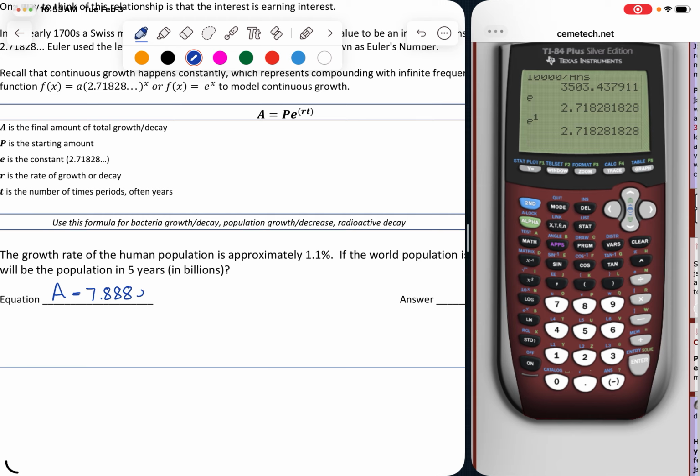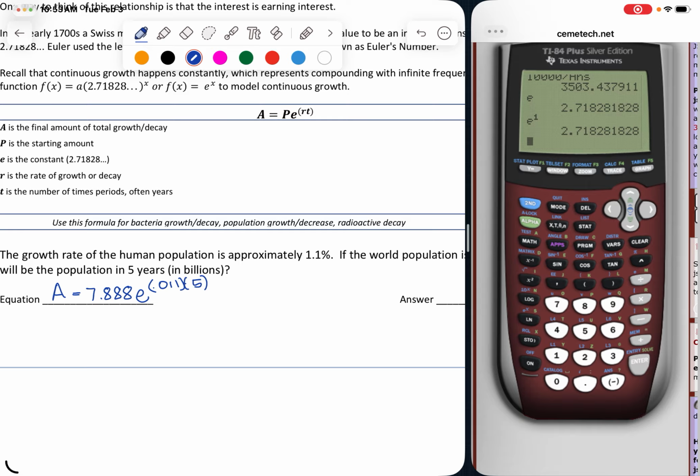And then since this is population growth, I'm using e, so that was P, initial amount, e to the rate times time, PERT. So my rate is 1.1% written as a decimal, so that's 0.011, times my time, which is 5 years. See that? Okay, and if you want to put these in parentheses so you can actually see them, you can.